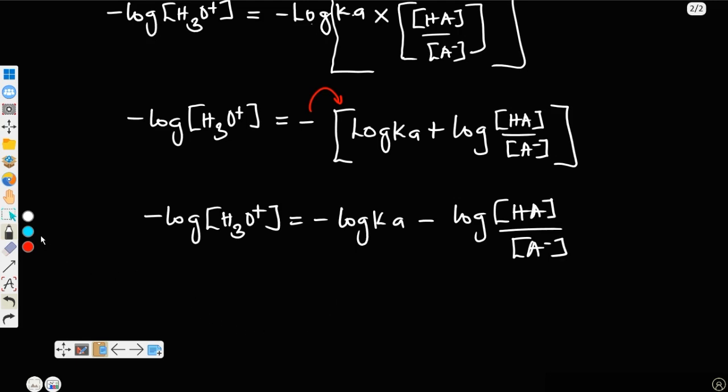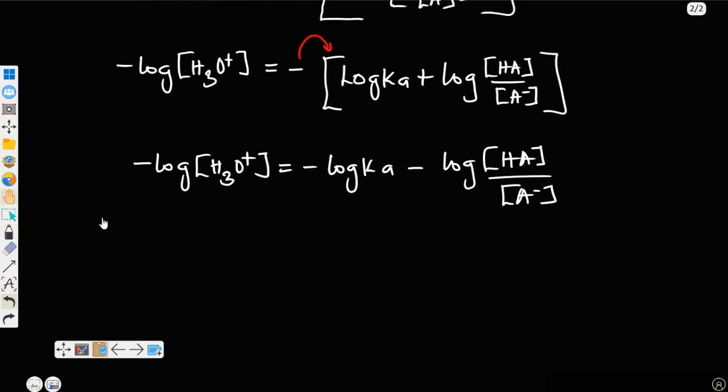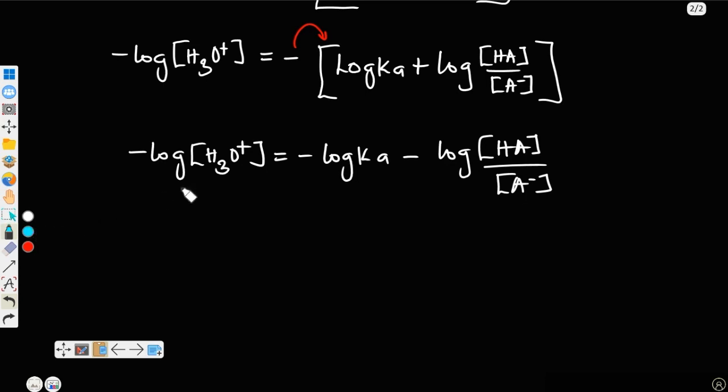Now, in chemistry, generally we are taught pH. You say pH is what? Negative logarithm of hydrogen ion concentration or hydronium ion concentration. Is that okay? So it means this whole thing here is equal to pH, because pH is the negative logarithm of either hydrogen ion concentration or hydronium ion concentration. In this case, it will no longer be minus log.